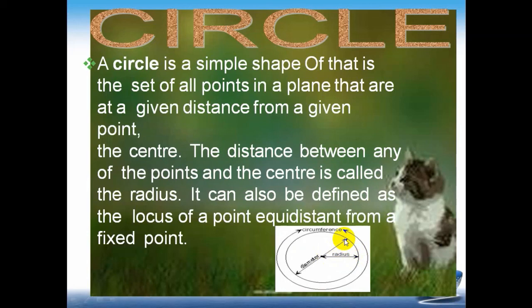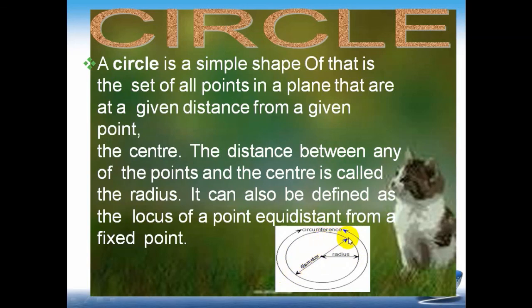Similarly, the distance from one boundary point to another boundary point, where the line passes through the center, is called the diameter. But if this line does not pass through the center, then it is called a chord of a circle.